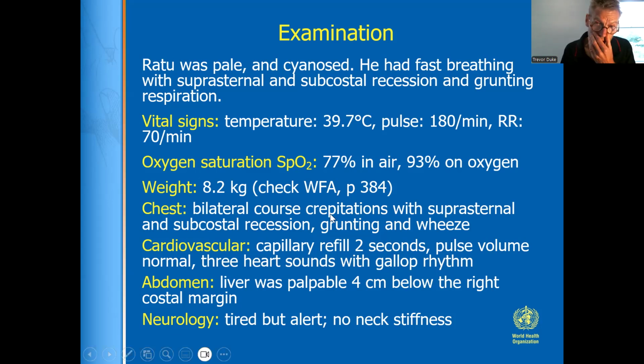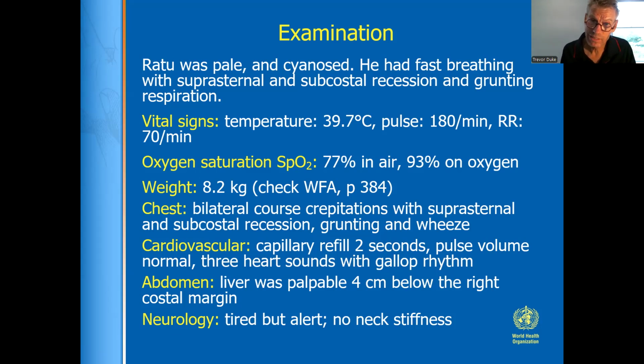On examination of Ratu's chest, he had bilateral coarse crepitations with, again, that recession and grunting and wheeze. So he had both crepitations widespread in both lung fields and wheeze. He had capillary refill of 2 seconds and a pulse volume which was normal, a strong pulse volume, and he had 3 heart sounds with the Gallop rhythm.